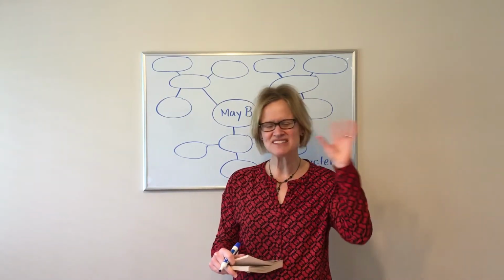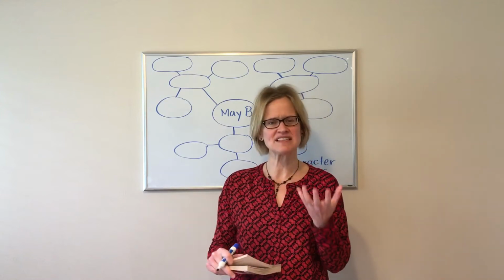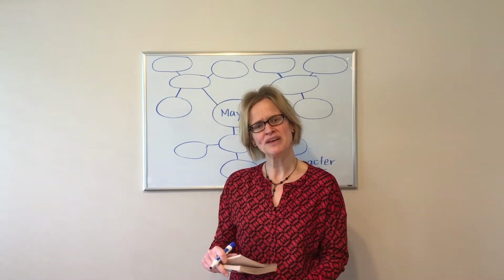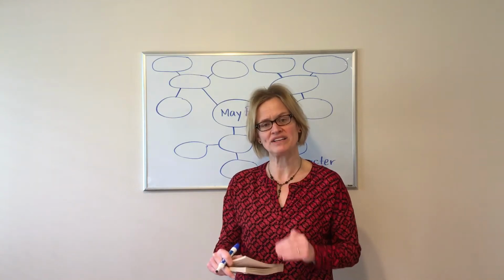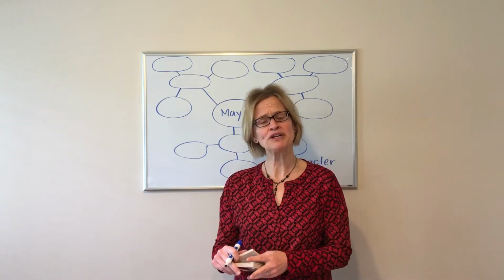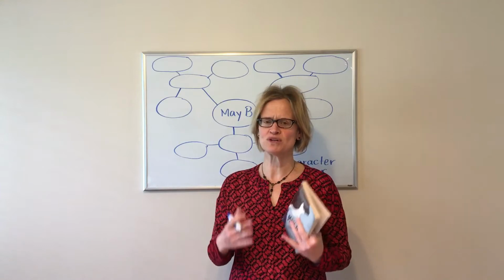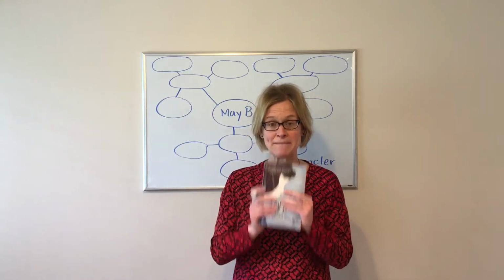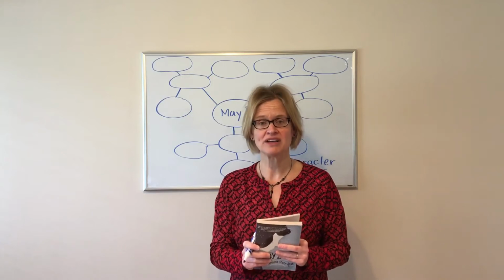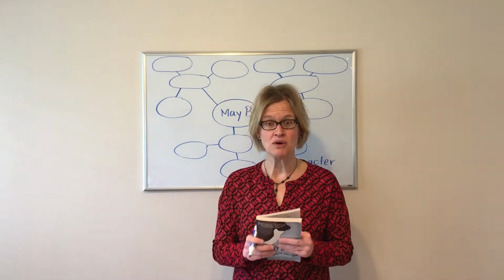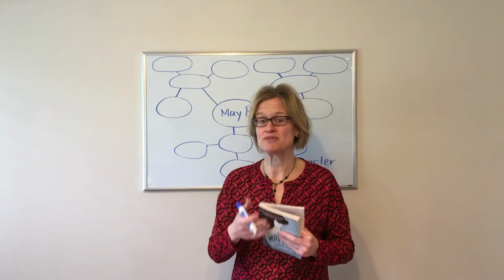But through all of these different conflicts and all of these things that May B goes through, she shows different character traits, different qualities. And so we're going to figure out what are some words that we can use to describe May B, and then where in the book does it support how we've described her with this word?